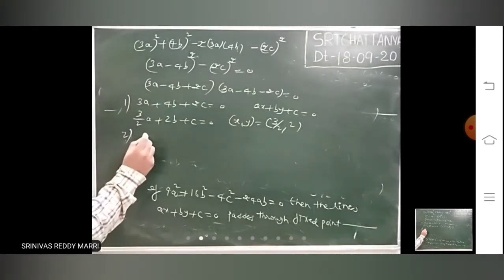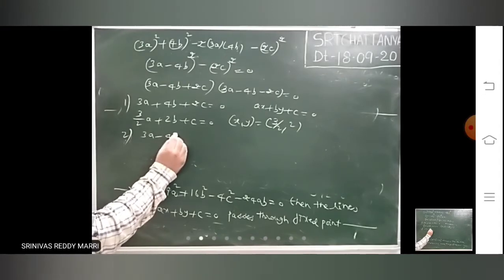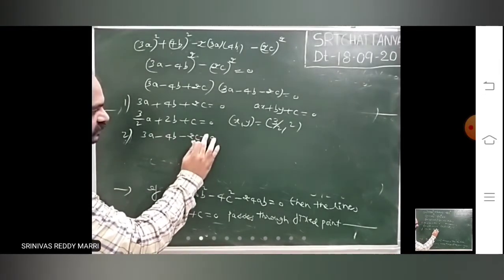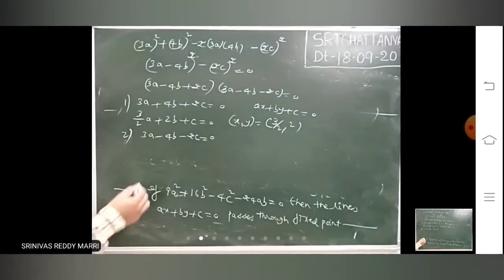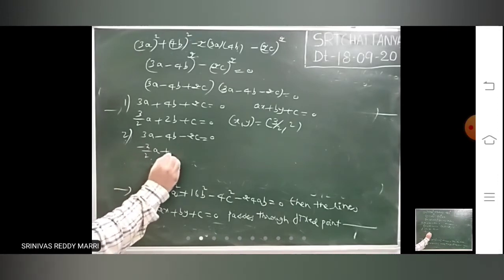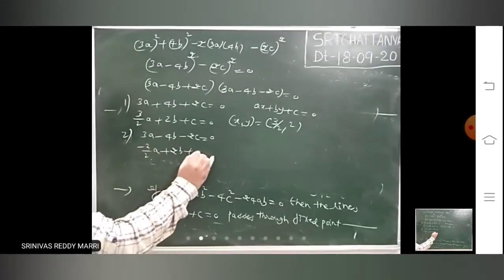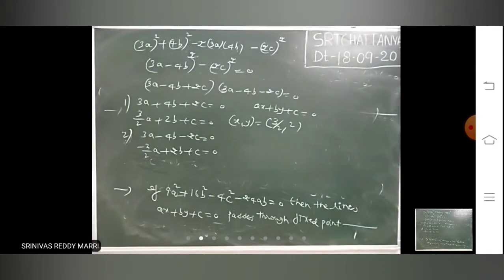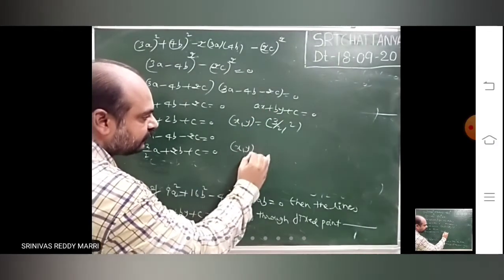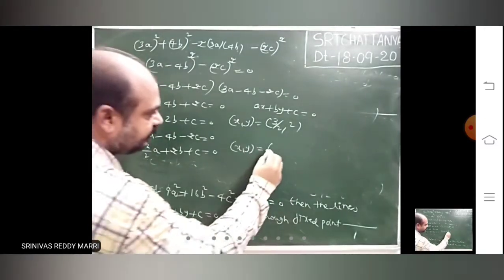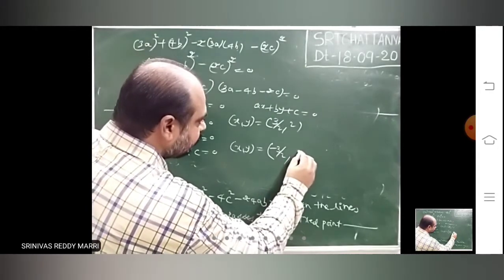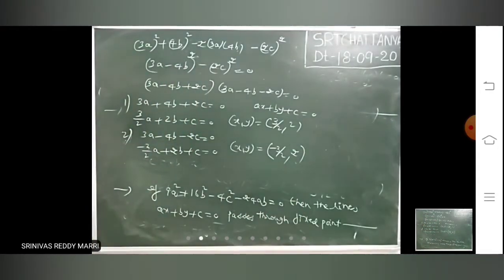Suppose the other condition is satisfied, minus 2c equal to 0. I am dividing by minus 2, so you get minus 3 by 2 a plus 2b plus c equal to 0. That means for ax plus by plus c equal to 0, if this condition is satisfied, the line passes through the fixed point minus 3 by 2 comma 2.